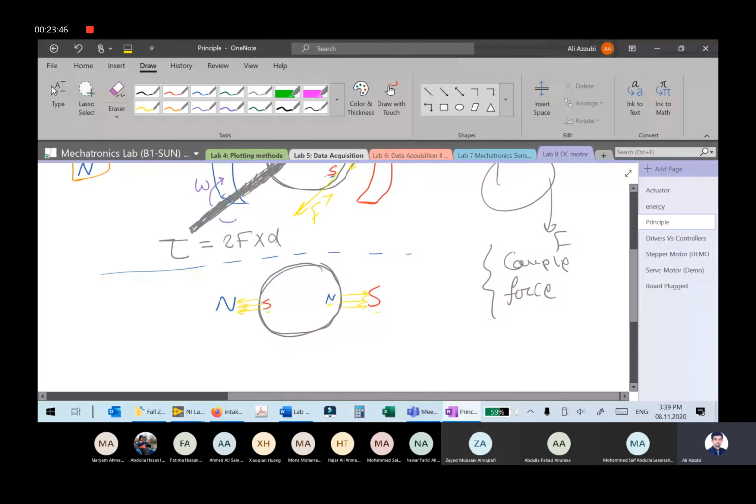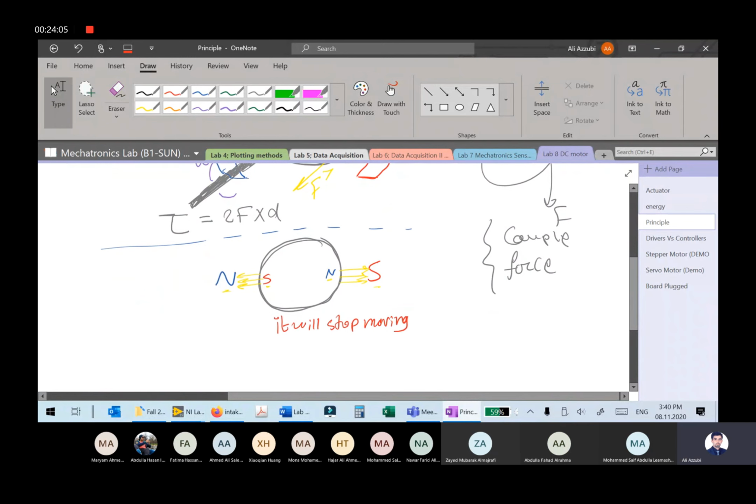Okay, and here you have the south attracted to the north. Now if this happens, the motor will stop moving. Okay, so what will happen for real if you do it? It will actually oscillate. It will go like this, go back rapidly, so it will start humming or vibrating.